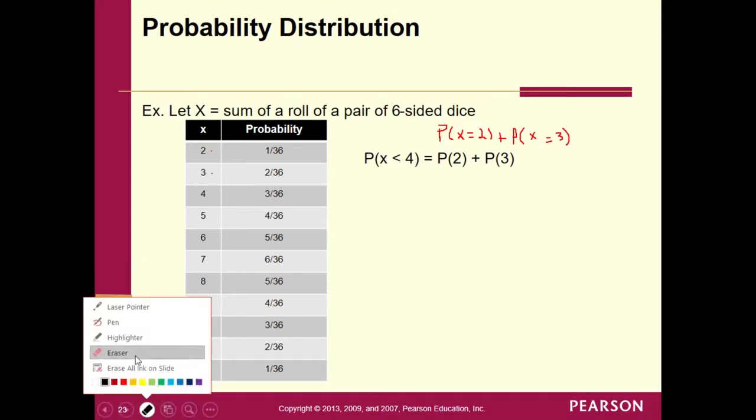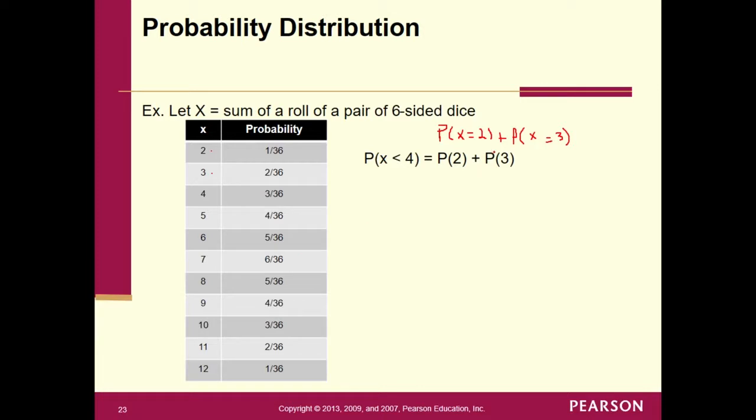The shorthand is that we understand it's x is equal to, and so we just say probability of 2 plus probability of 3 in parentheses. So we go to our table, here's the probability of 2, here's the probability of 3, and we get to add those together. And so that would turn out to be 3 out of 36.